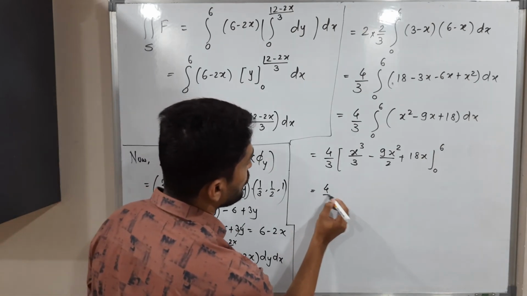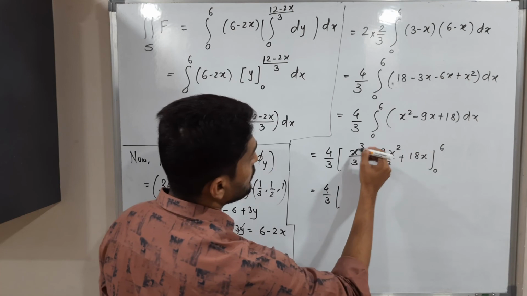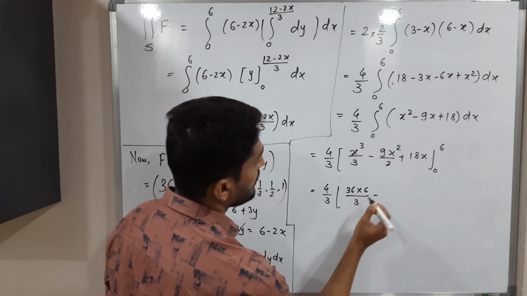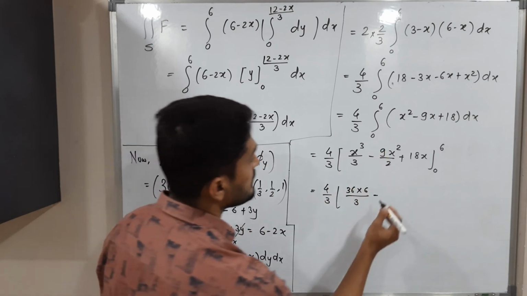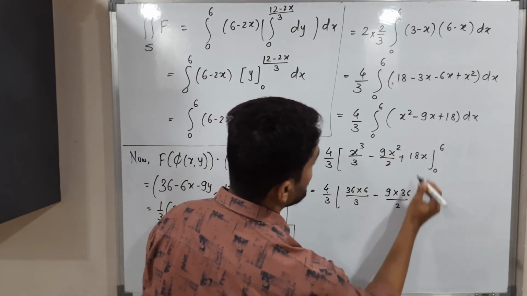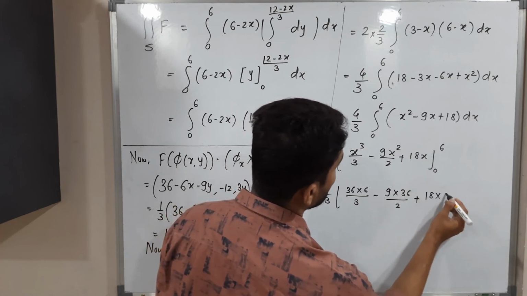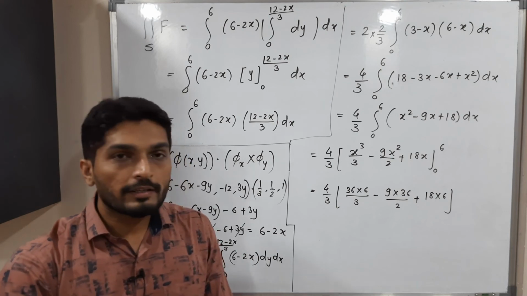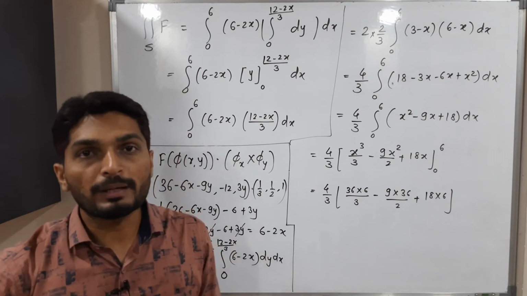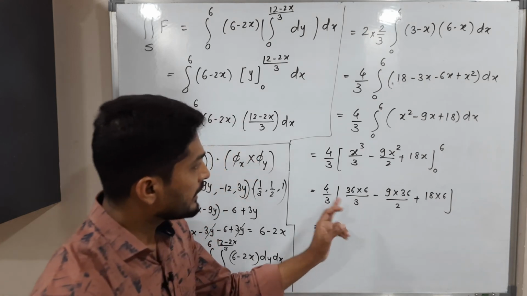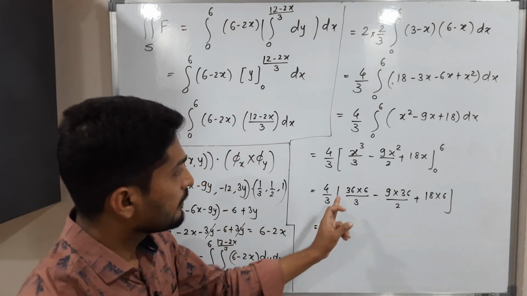Now I will put upper limit and lower limit. So it will be 4 by 3, 6 cube, that means 36 into 6 by 3, minus here 6 square, that means 9 into 36 by 2 plus 18 into 6. Okay, and if you put 0, we will have 0. What will I do? I will try to take some common part to make the calculations more simple. So 4 by 3 as it is. Can we take 6 from all sides?